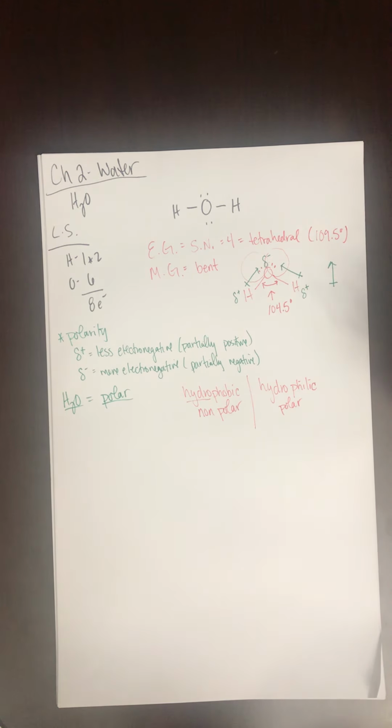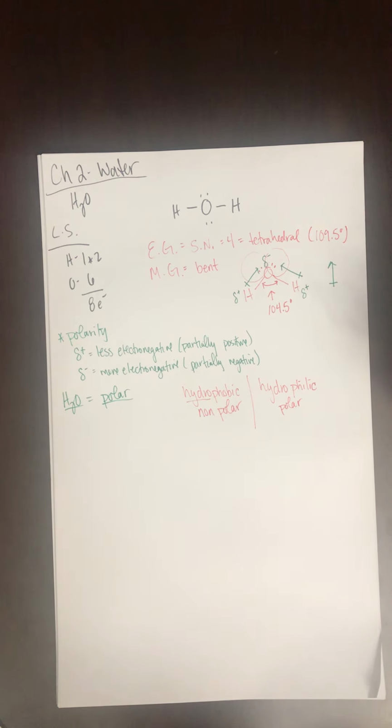So if I were to draw another water molecule here, what we would see is that there would be a hydrogen bond between the hydrogen of this water molecule and the oxygen of this water molecule.